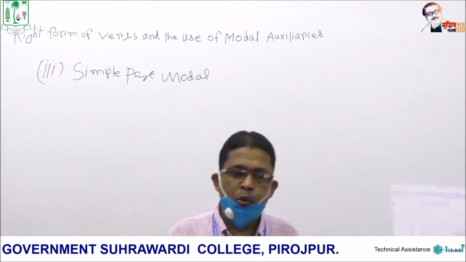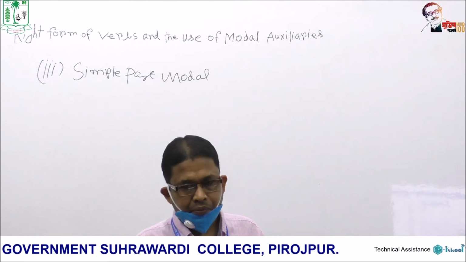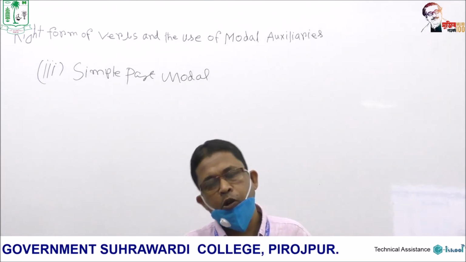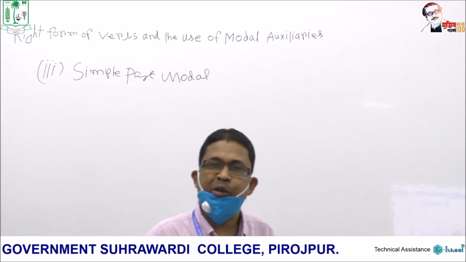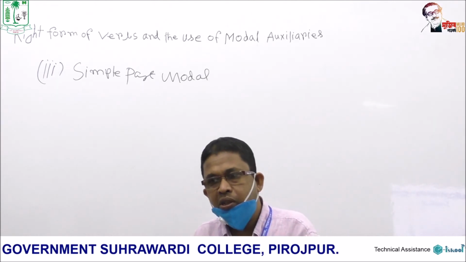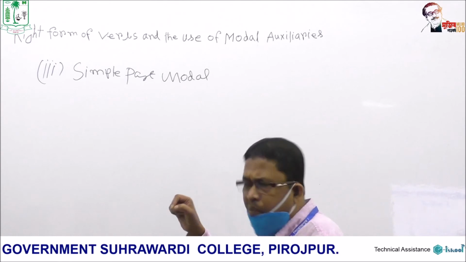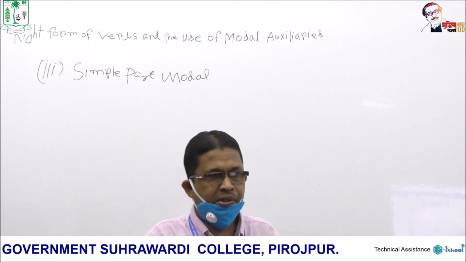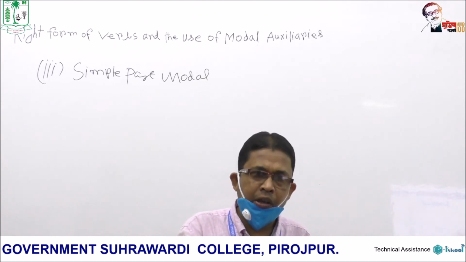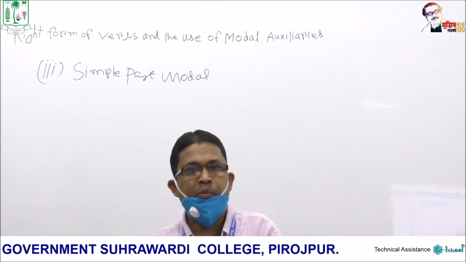Just remember, we have to use one of the modal auxiliaries along with have, and of course the past participle form of main verbs. That is, when you want to use any of the modal auxiliaries in simple past tense, you have to use have after the modal, any of the modal auxiliaries plus have plus, of course, the past participle form of main verbs.